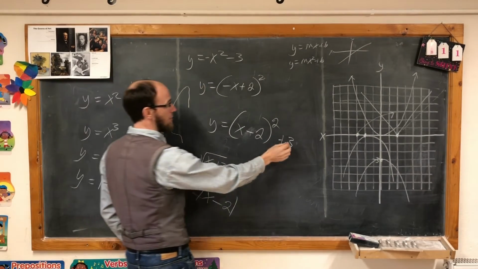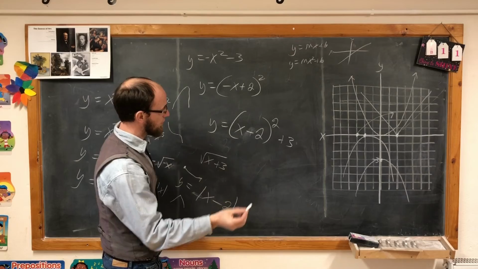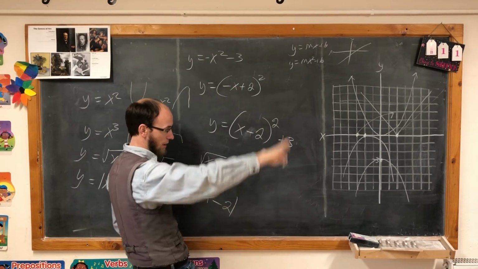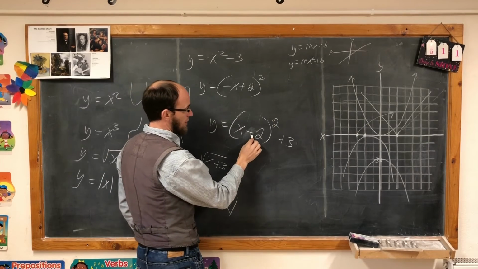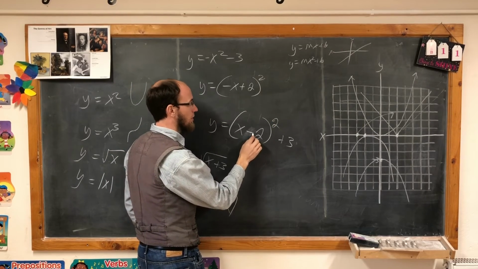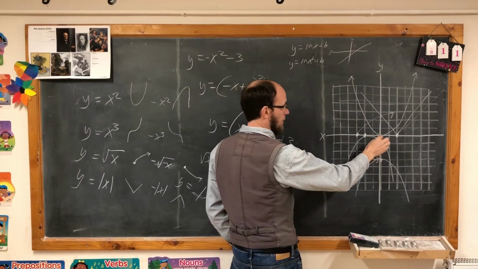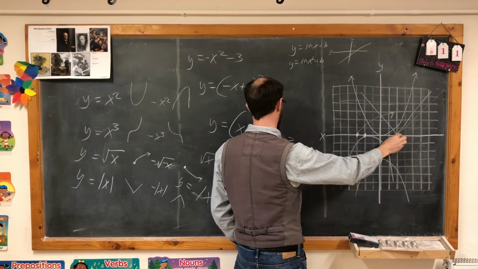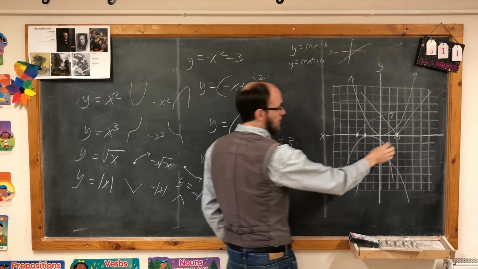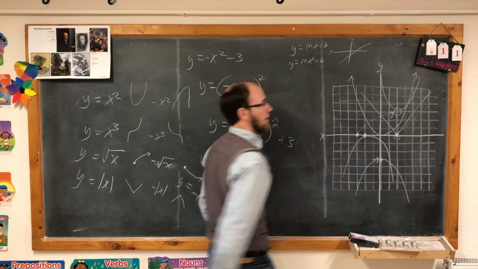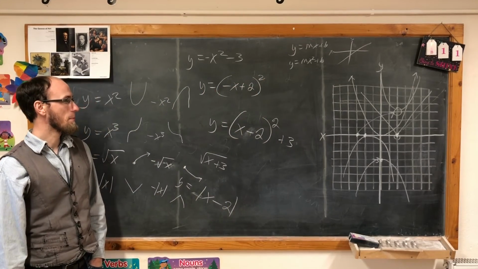Well, now we're combining both of the things. This means that the point of reflection, we're going to have a positive parabola, so the parabola is going to be like this, and the point of reflection is going to be 2, inside the parentheses we do the opposite. So let's go 2 to the right, 1, 2, we're here, and 3 up, 1, 2, 3, so here. So our parabola is going to pass through that point right there.